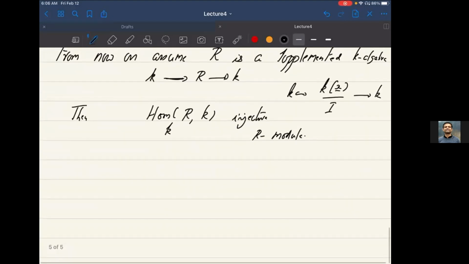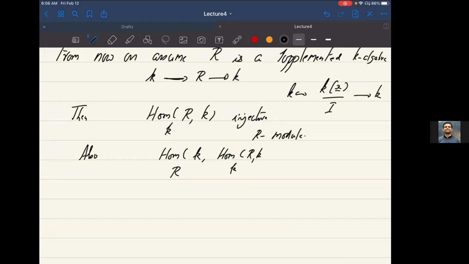And you can also see, again by adjunction, that this is just k over k, this is just k. So so far, this has nothing to do with Gorenstein; this is true in general. This is the k-cellular approximation of this. I don't even have to derive it because it's already injective.